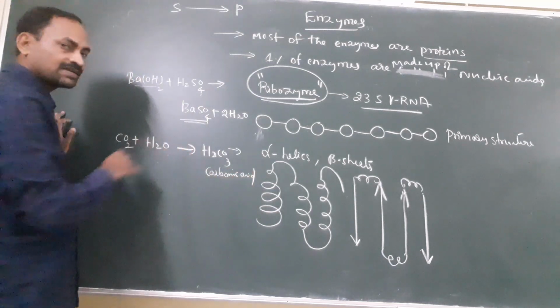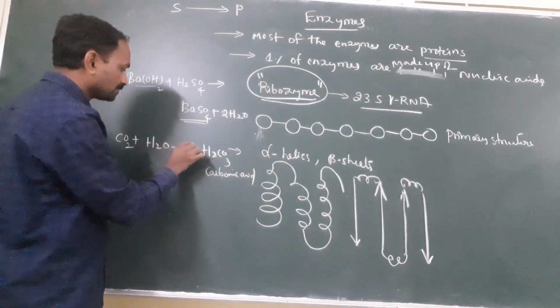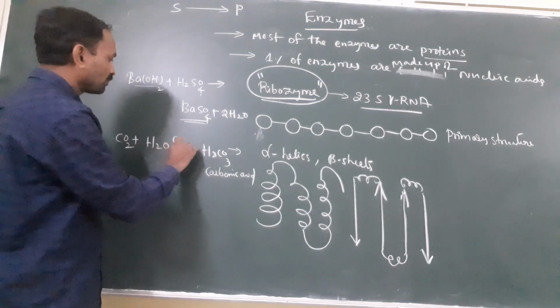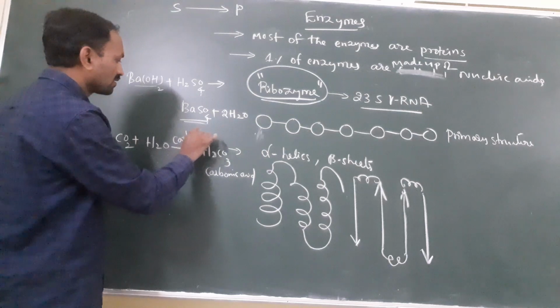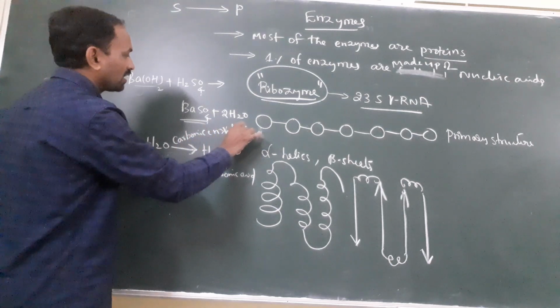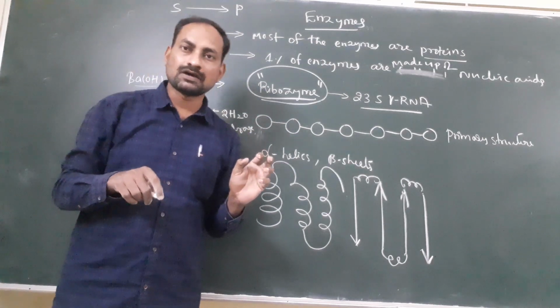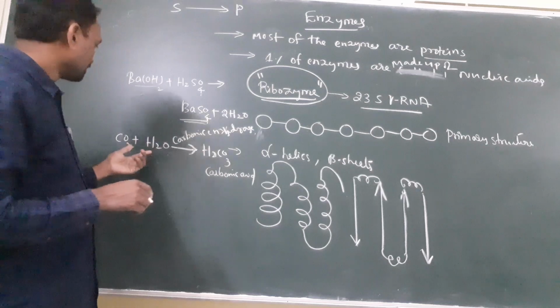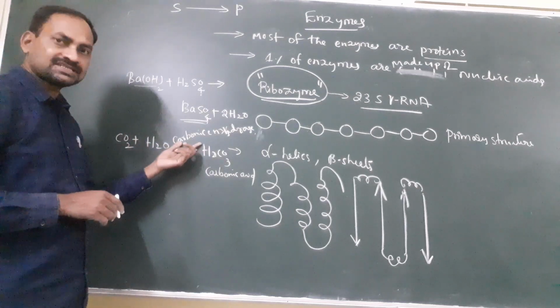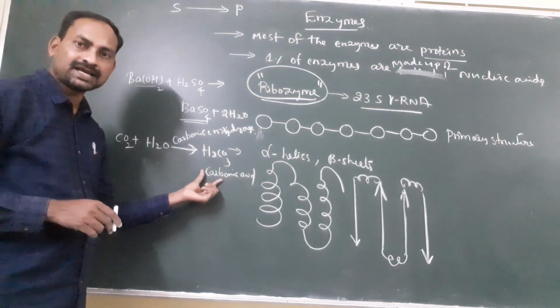And this reaction is catalyzed by the enzyme carbonic anhydrase. Carbonic anhydrase is an enzyme which is present in the cytoplasm of the RBC. So here carbonic anhydrase combines carbon dioxide with water and forms carbonic acid.